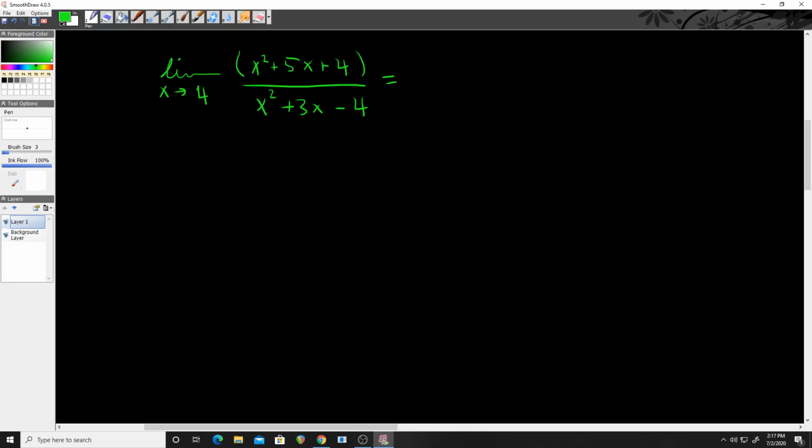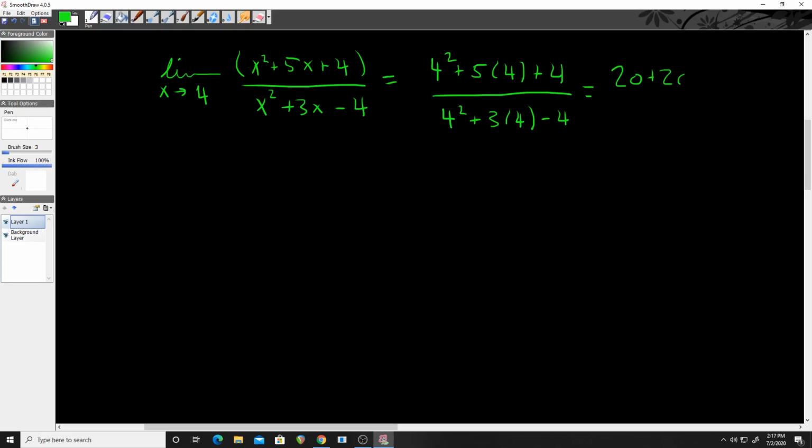So if I plug in 4, I get 4 squared plus 5 times 4 plus 4 over 4 squared plus 3 times 4 minus 4. Okay, and 4 times 4 is 16. 16 plus 4 is 20.